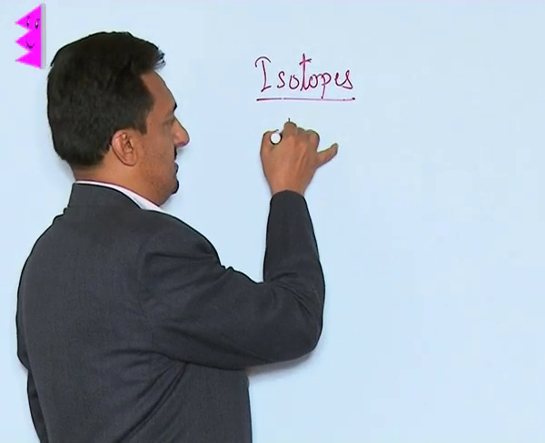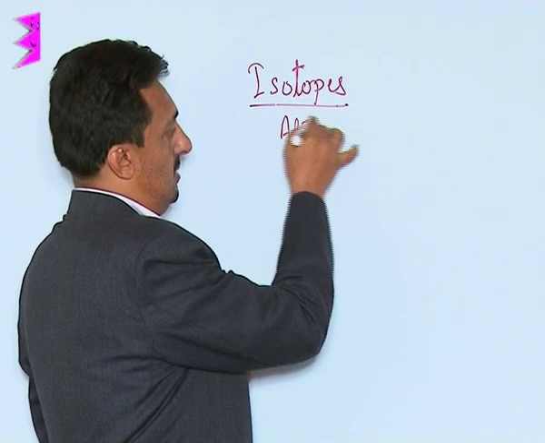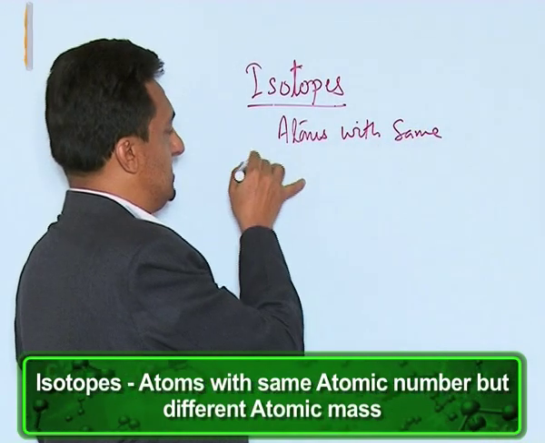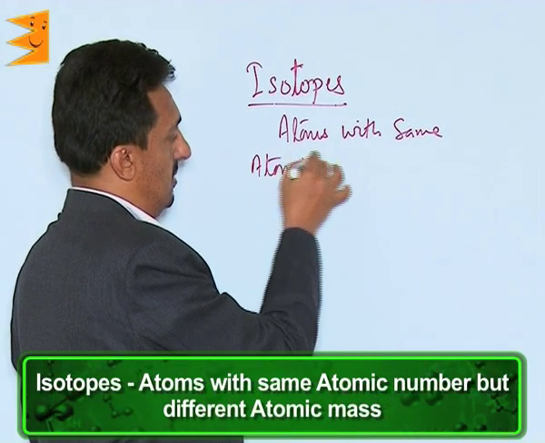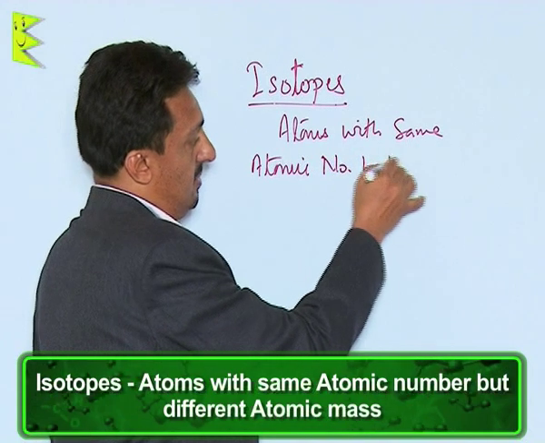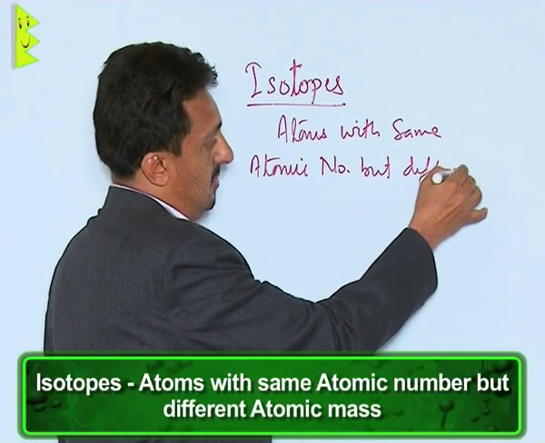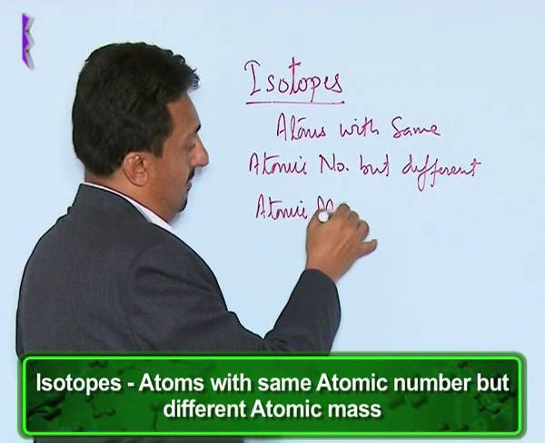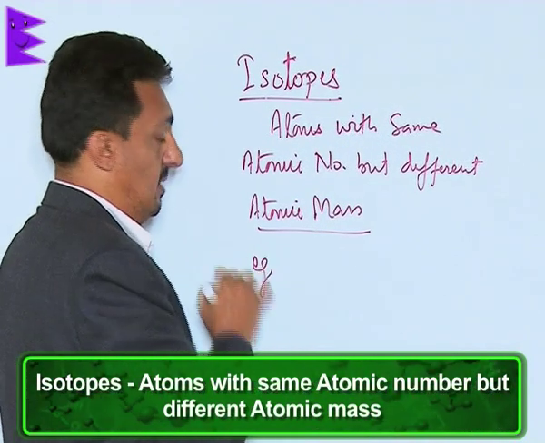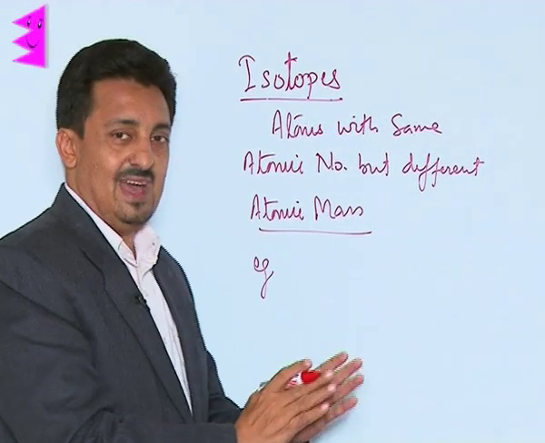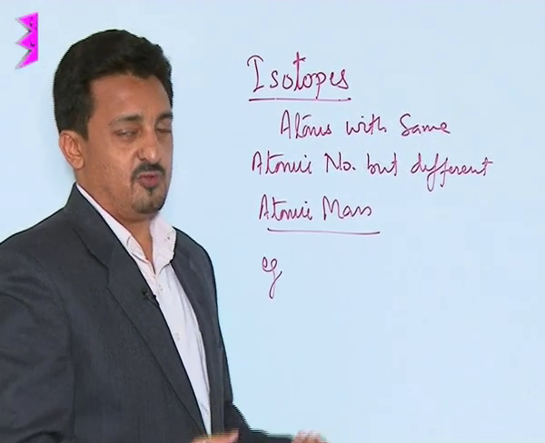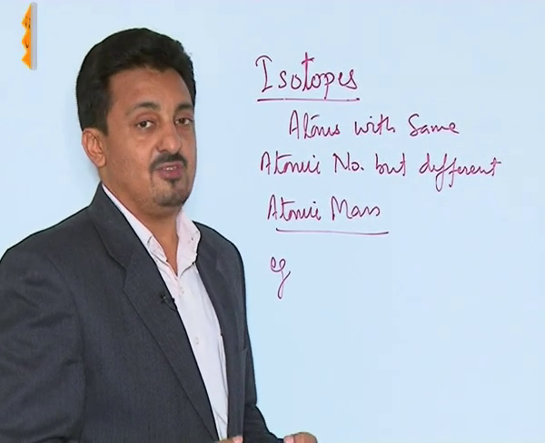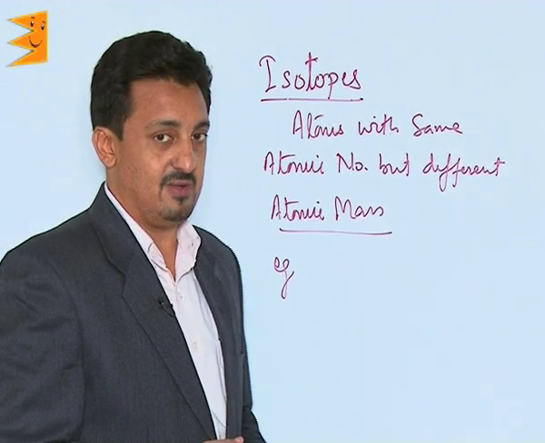So these are the atoms with the same atomic number but different atomic mass. Every element has two or more different isotopes. That is why we take the average of these masses, and that is why we use the average atomic mass, which we have done in the first chapter of basic concepts.